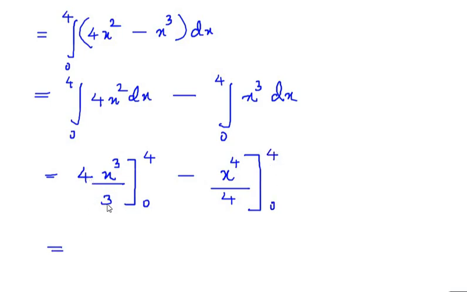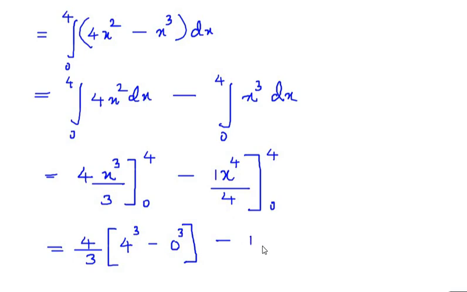Again we can see that 4 over 3 is a constant, so let me keep it out of the substitution, and inside the bracket in place of x cube I'm going to substitute the upper limit, so 4 cube minus, because it is upper limit minus lower limit, and x cube, put 0 in its place, it becomes 0 cube. Then there is a minus here, it is nothing but 1 over 4.